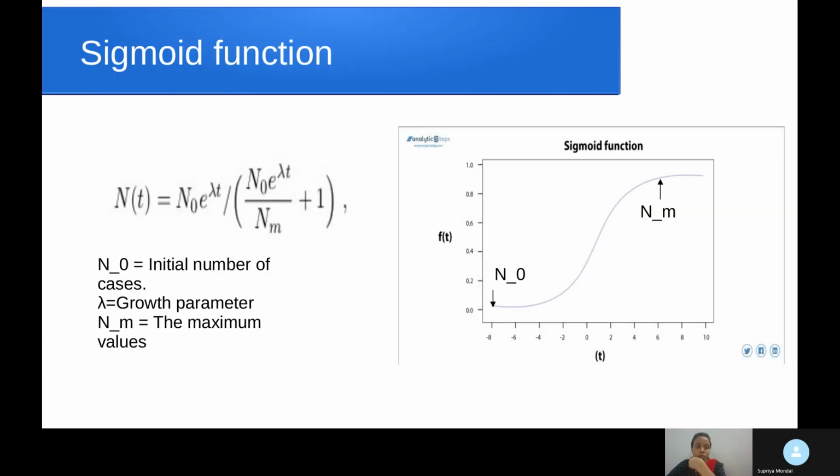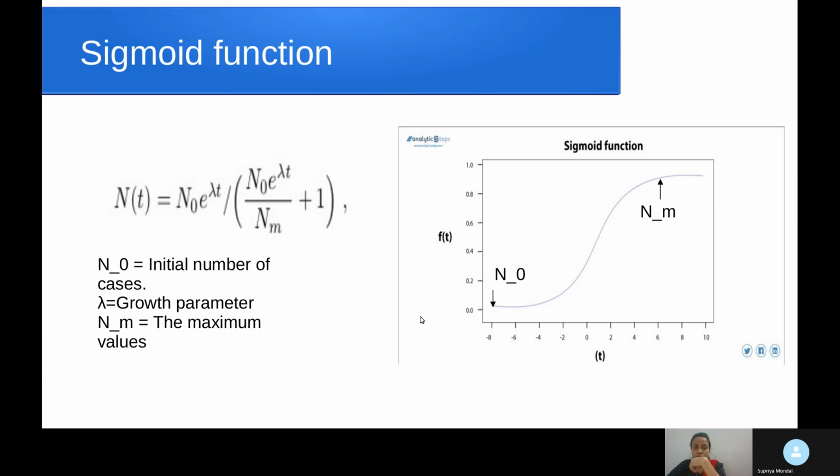This is the main function, the sigmoid function: N of t equals N0 e to the power lambda t, divided by N0 e to the power lambda t by Nm plus 1. So here N of t depends on three parameters: N0, Nm and lambda.